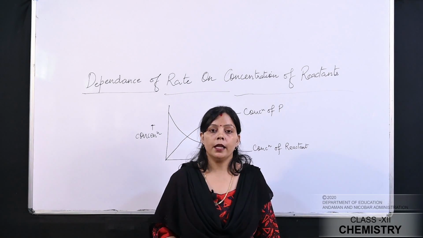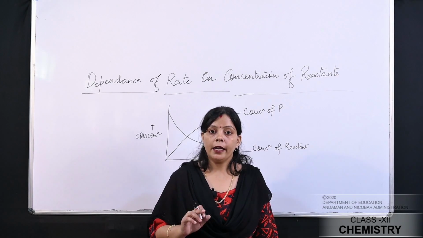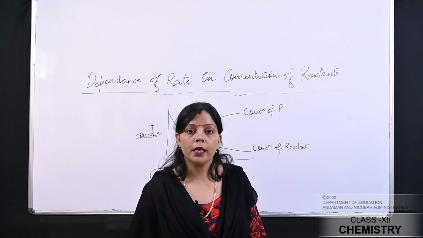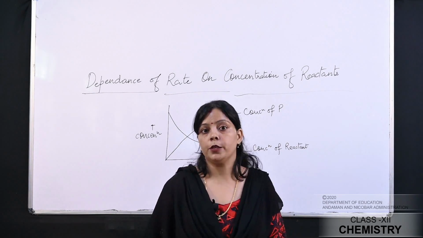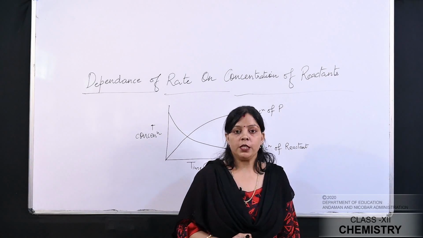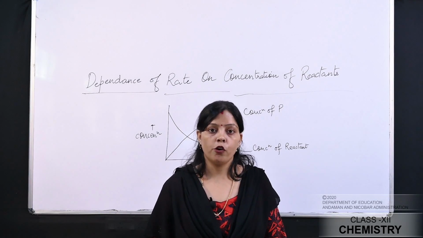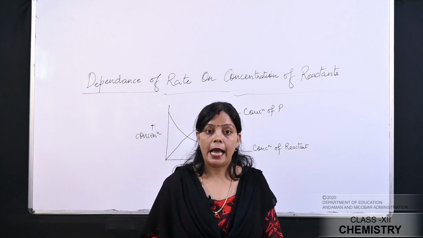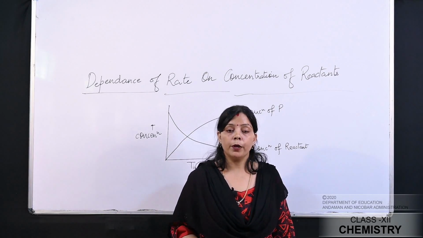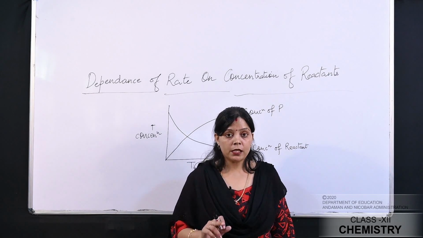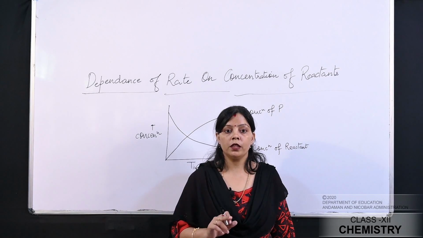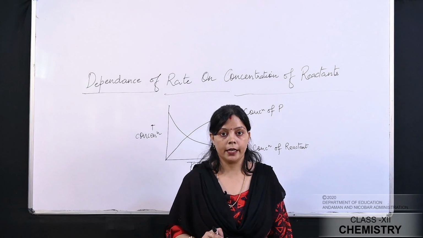It means the rate of the reaction is directly proportional to the molar concentration of the reactant. It can be explained with an example. A piece of wood burns faster in oxygen as compared to in air, because the concentration of oxygen is higher in the former case than in the latter case.